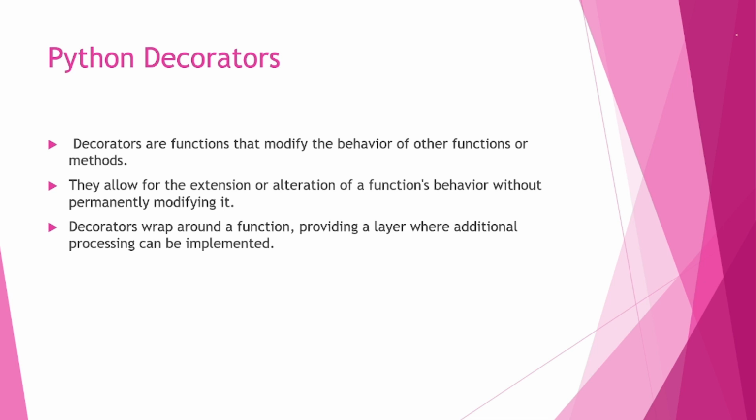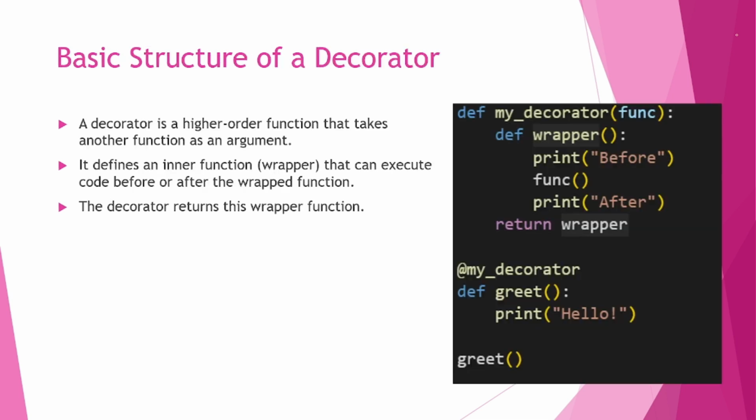So basically the keyword here is modification or alteration of a function's behavior without permanently modifying it. So you have a function code, you don't want to change that code, you just want to alter the behavior of that code later when that is called or when some other function is called.